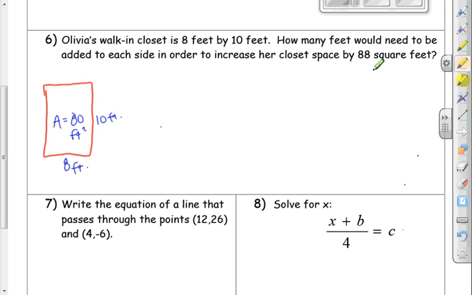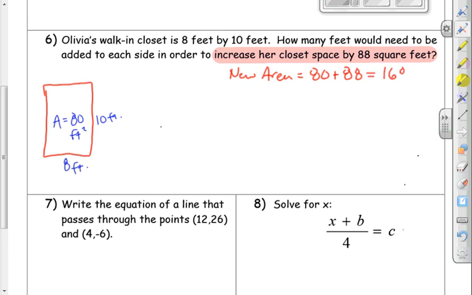She wants to expand it so that she could increase her total space by 88. Well, if she already has 80 square feet and she wants to increase it by 88, that means the new area will be the sum of those two values. She has 80 square feet. She wants to increase it by 88. The new total area will be 168 square feet.